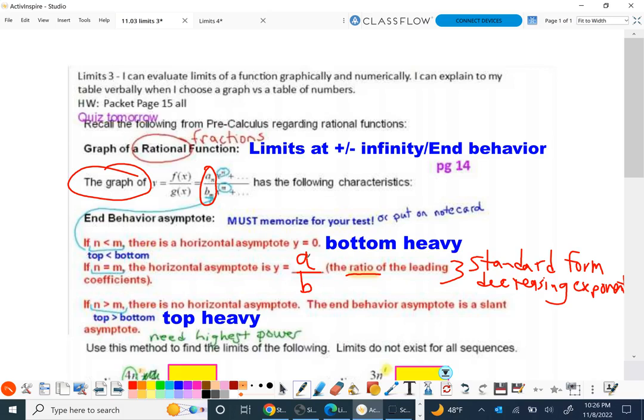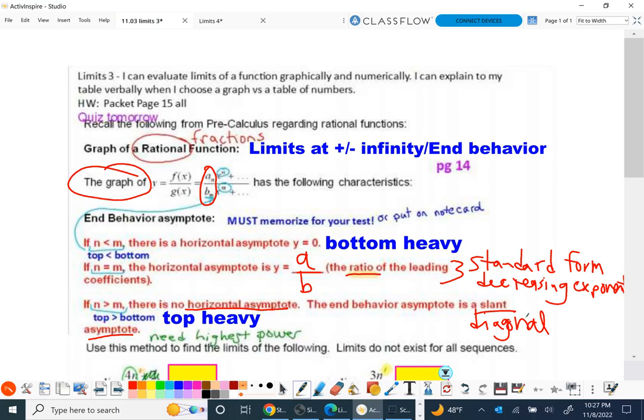Last scenario is when the exponent degree on the numerator is greater than the exponent in the denominator. When that happens, there is no horizontal asymptote. In fact, there's a slant asymptote, which is basically a diagonal asymptote. And when you've got a diagonal asymptote, if you think about it, that end behavior is not going to have any answer. The answer is going to be infinity, right?